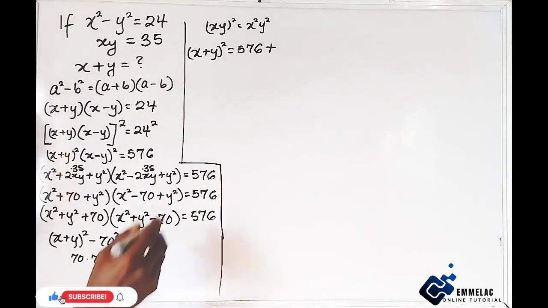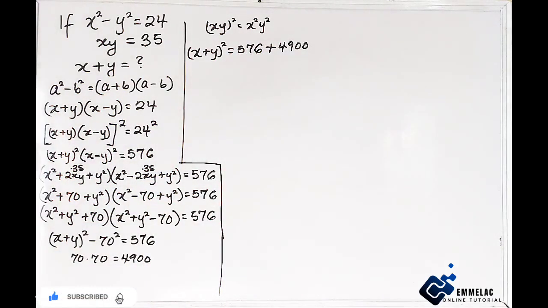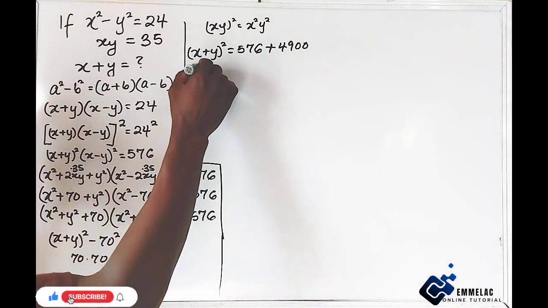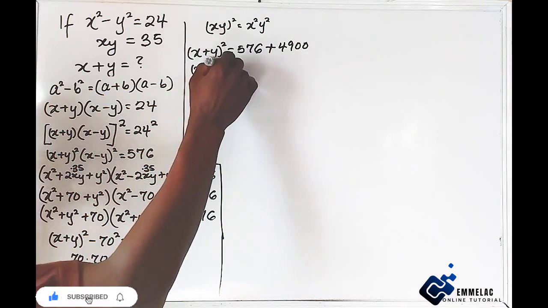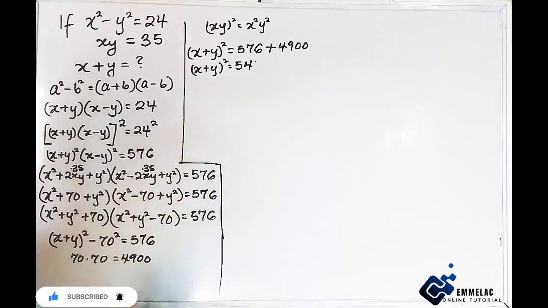You have 2. So here you have 4900. If you add the two together, that should be 5476. So here you have x squared plus y squared all raised to the power of 2 gives us 54. Let me punch my calculator.